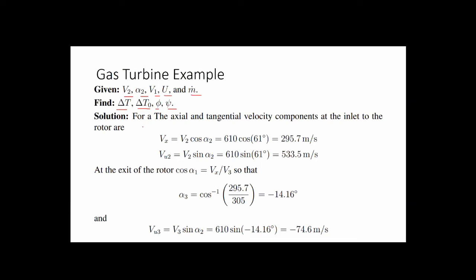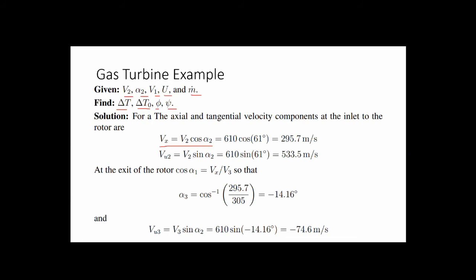For the axial and tangential velocity, the components at the inlet to the rotor are, I don't sketch the velocity triangles here, but you can try to sketch them and you will understand why we use Vx equal V2 cosine alpha 2 and Vu2 equal V2 sine alpha 2.